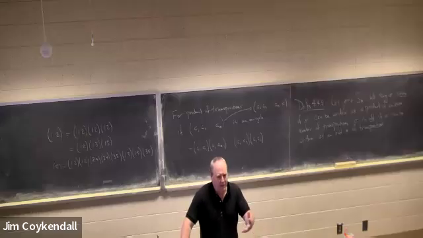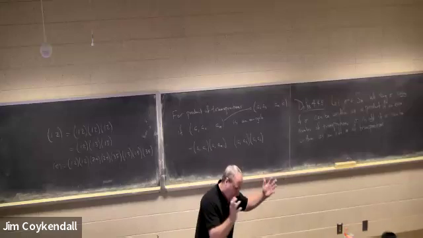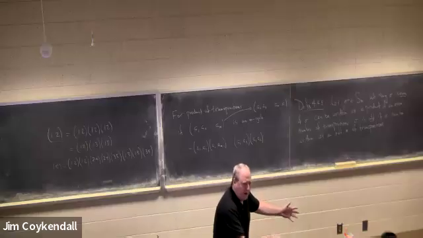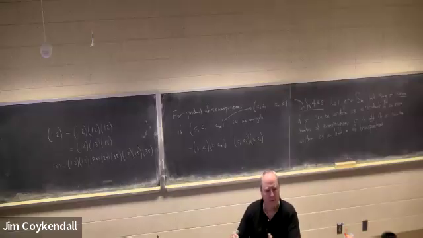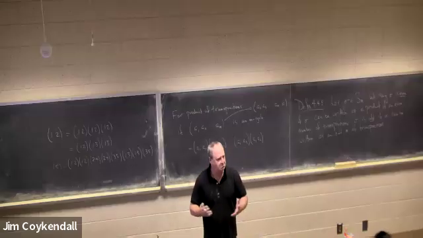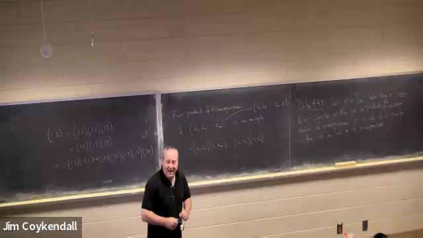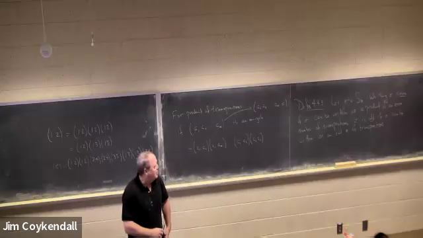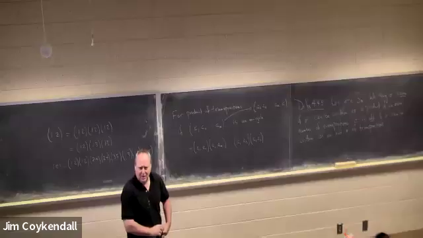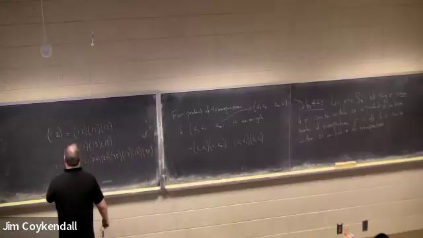How do you know that deep in the depths of some Stephen King novel, there's some element of Sn out there that you can write as an even product of transpositions, and over here as some odd number of transpositions? Can such a thing be done? I mean, if it can, I probably should not have made this definition, right? Because if you can't sort them out that way, now look, here's a great example, the identity.